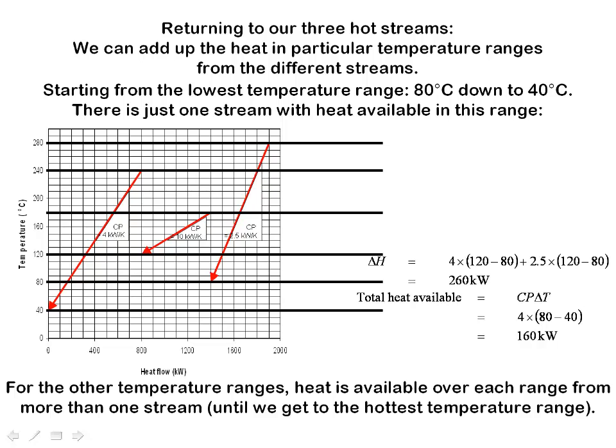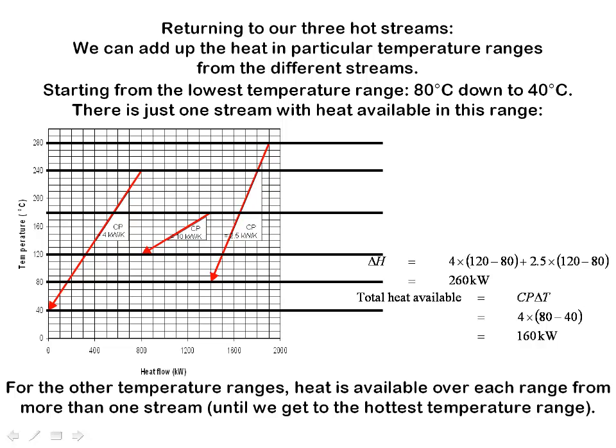So for the next temperature range, that's from 80 up to 120 degrees C, we've got 2 streams, the first one and the third one, that both have heat to give in that temperature range. The first one has a flowing heat capacity of 4 kilowatts per Kelvin. The temperature change is 120 minus 80, which is 40.